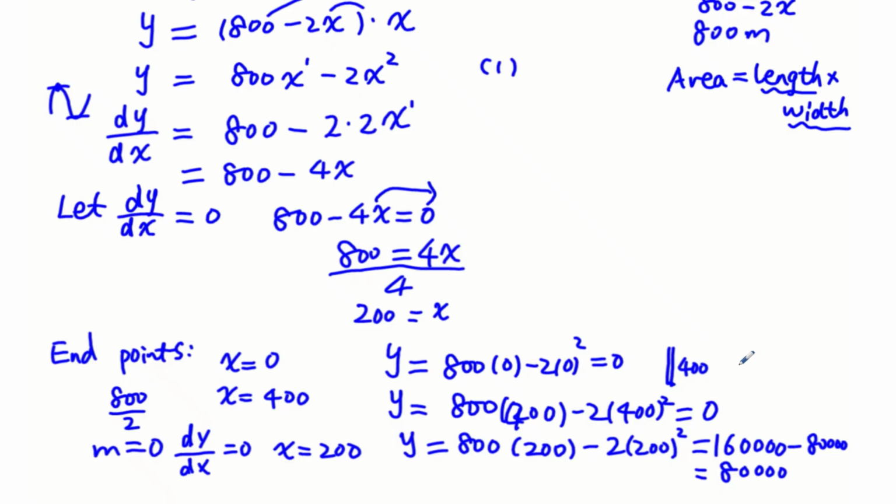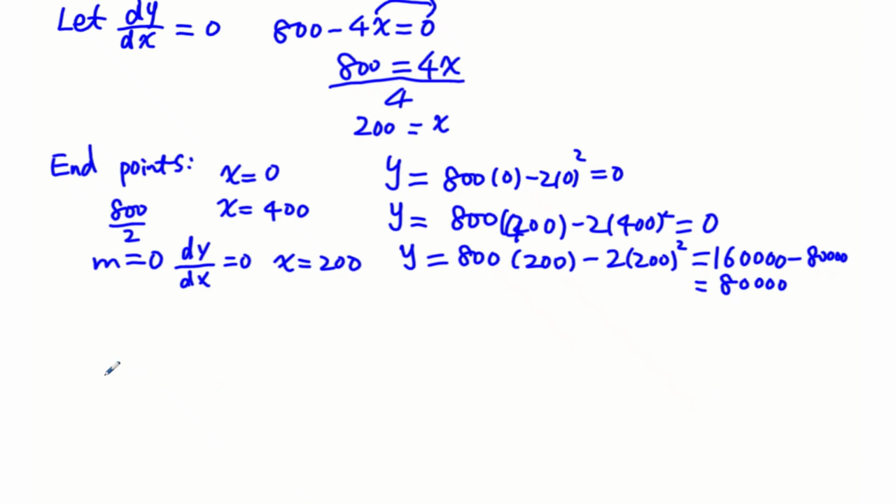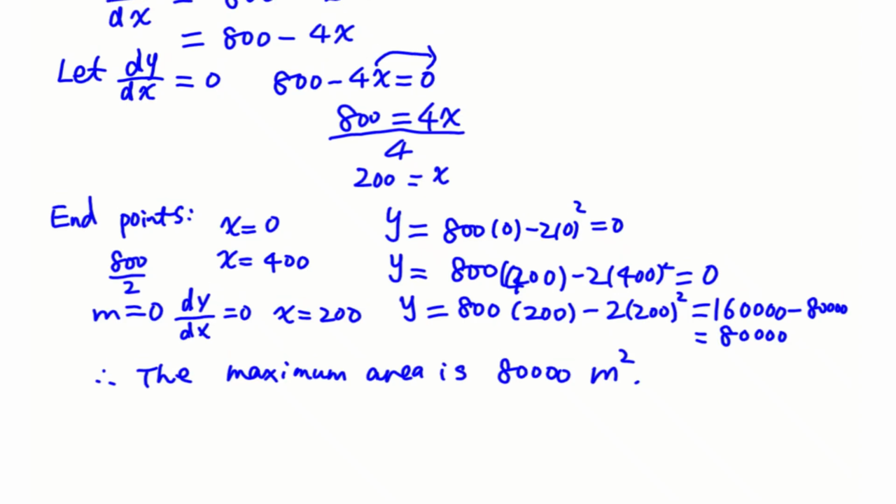So compare the area of these three, you will find out 80,000. So we know the maximum area is 80,000. So we are going to write a statement. Therefore, the maximum area is 80,000 meters squared.